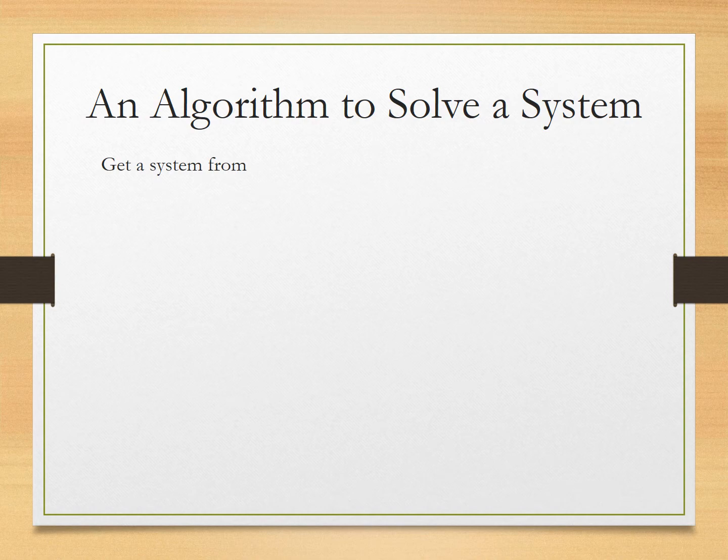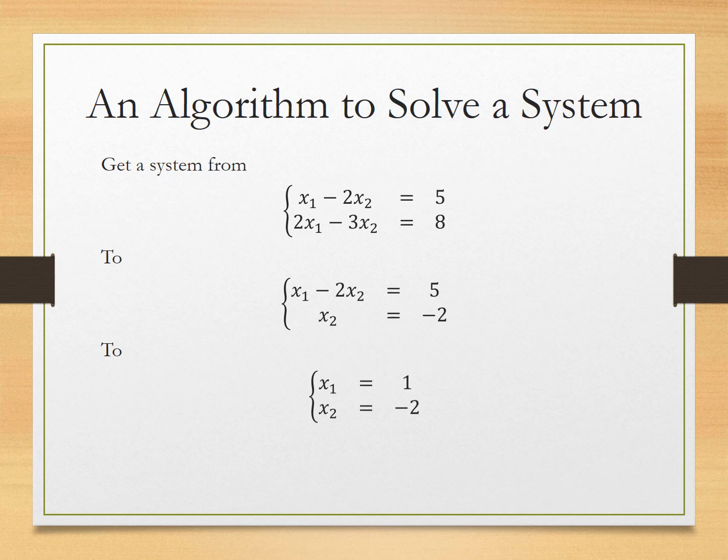So an algorithm to solve a system would be to get from a complicated system to a simpler system, and from the simpler system to the simplest system, and the simplest system would be the solution. It's the solution, right? So we need to get from step 1 to step 2, and from step 2 to step 3.